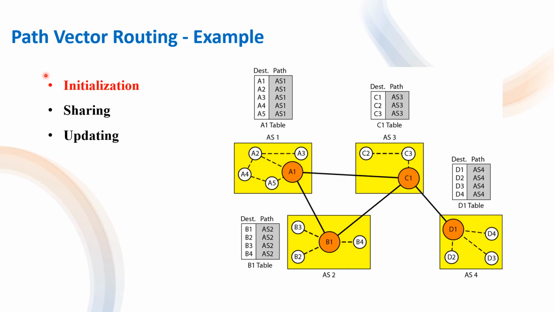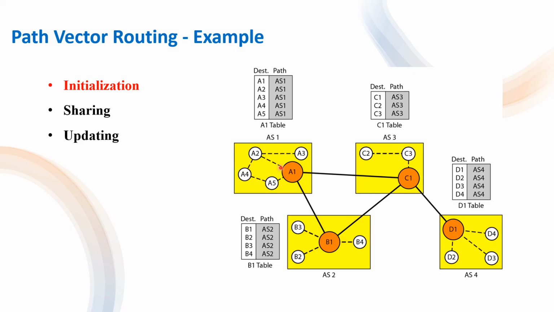There are three important processes in path vector routing: initialization, sharing, and updating. The first one is initialization. Each speaker node can know only the reachability of the nodes inside its autonomous system. Node A1 is the speaker node of the autonomous system AS1, B1 for AS2, C1 for AS3, and D1 for AS4.